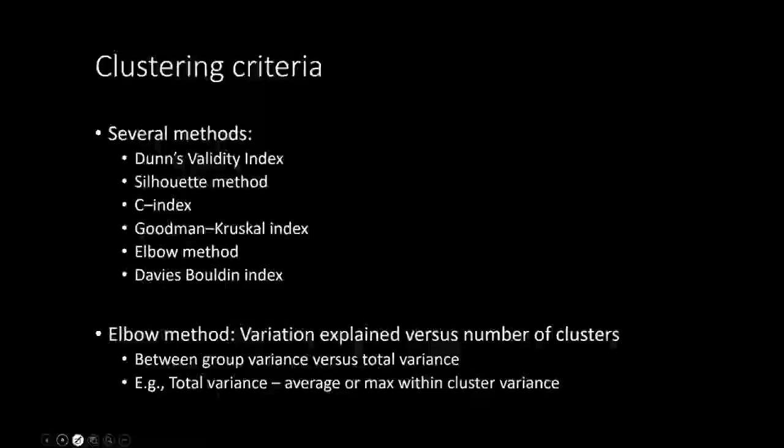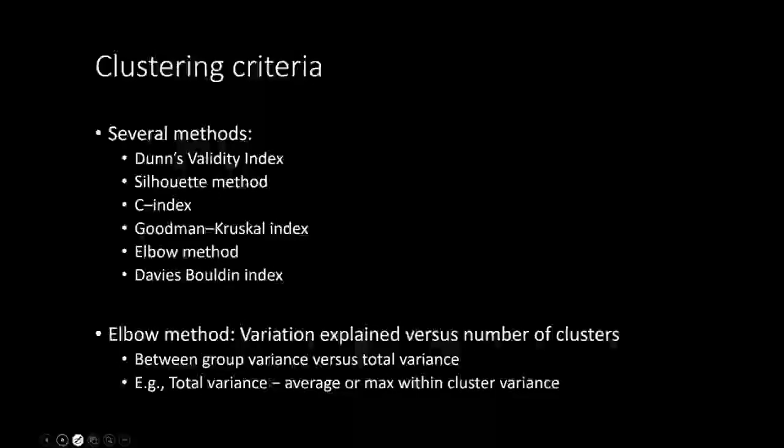Now let's look at some clustering criteria. Because it's unsupervised learning, we are always wondering whether we chose the hyperparameters correctly. For example, in k-means and fuzzy c-means, did we choose the k or the c correctly? In DBSCAN, did we choose the min number of points m and the distance radius epsilon correctly, and so forth.